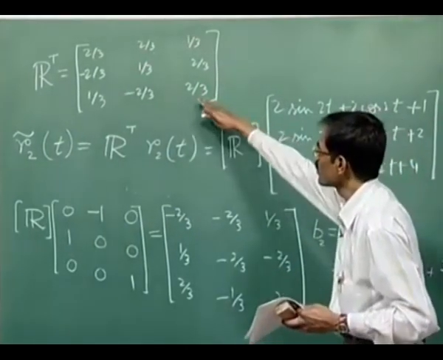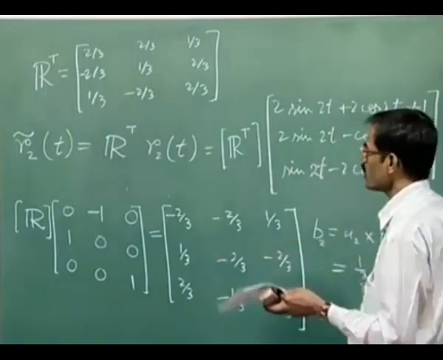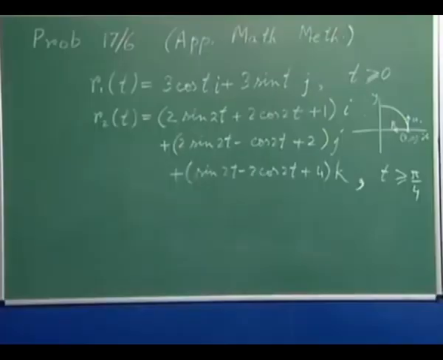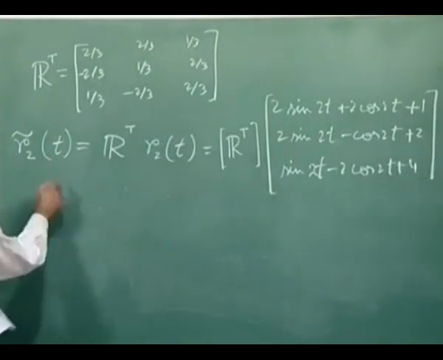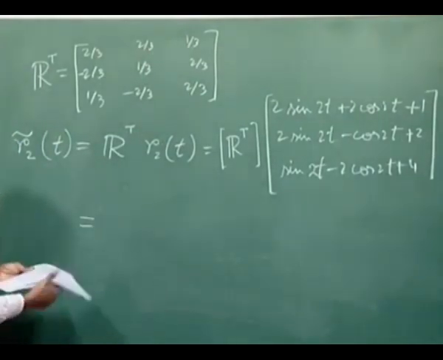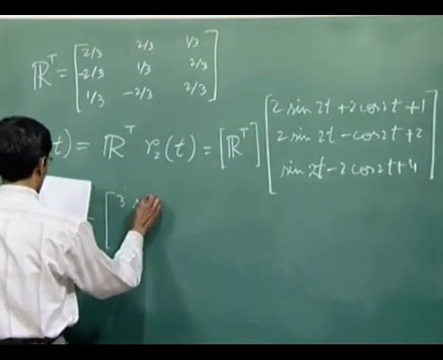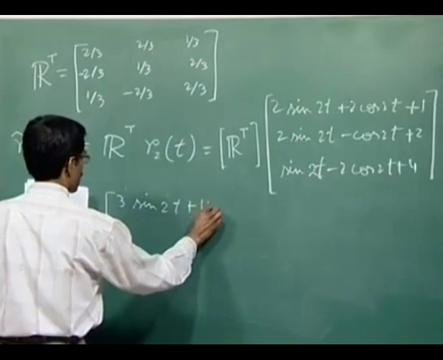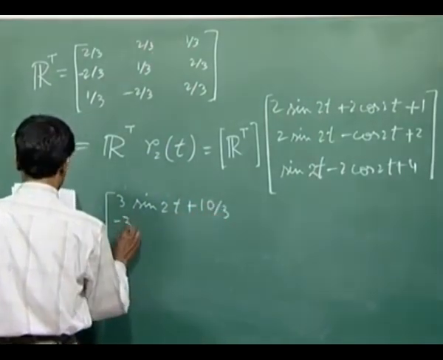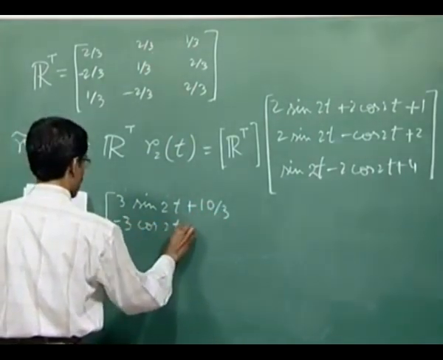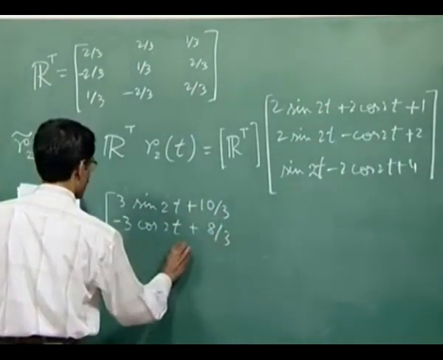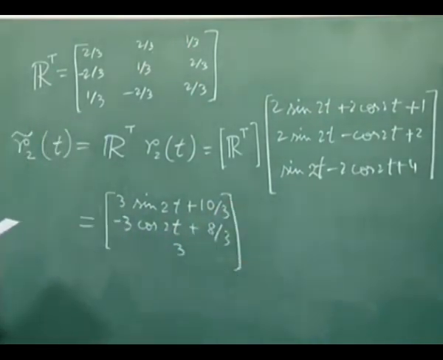If we multiply this matrix with this completely, then we get R2 tilde t as 3 sin 2t plus 10 by 3, minus 3 cos 2t plus 8 by 3, and 3. This is after turning it.